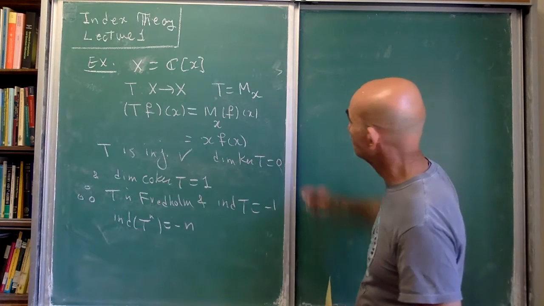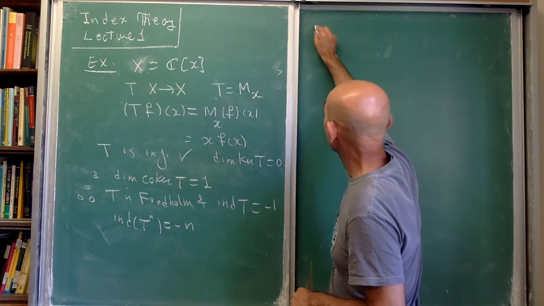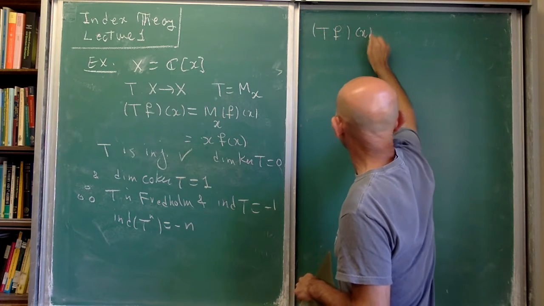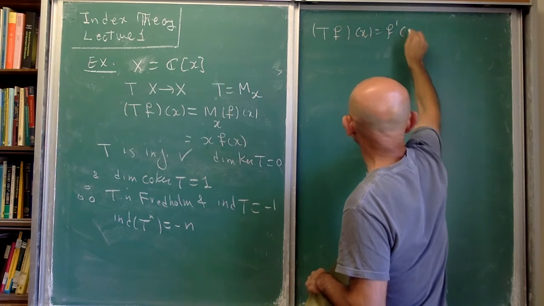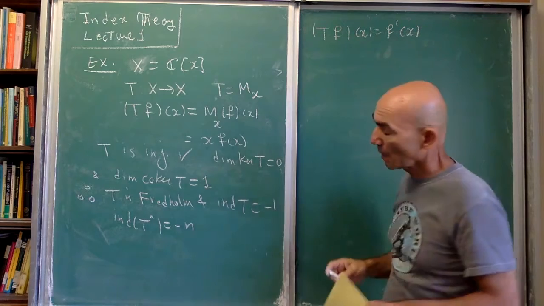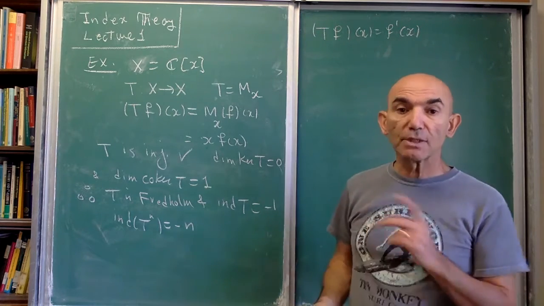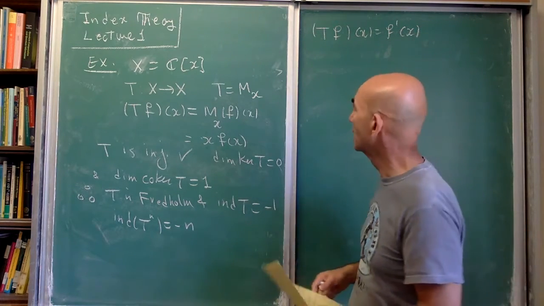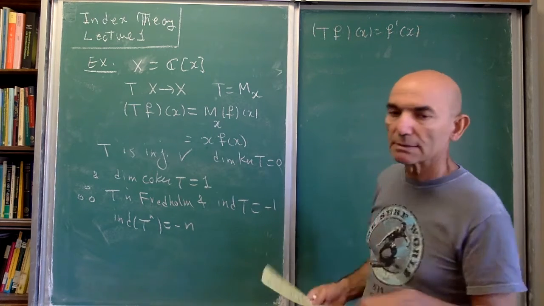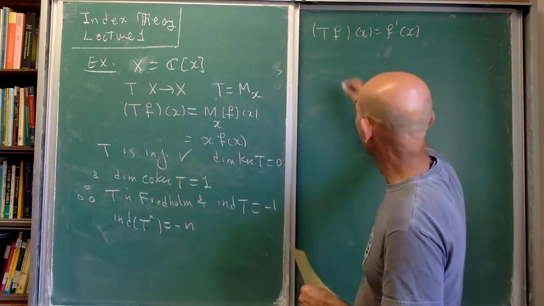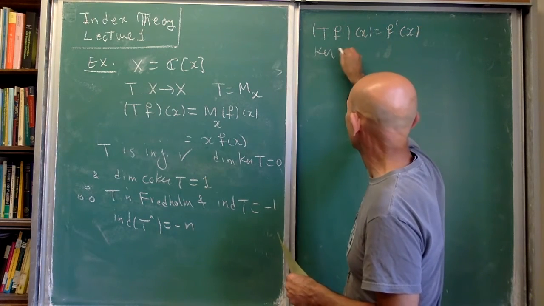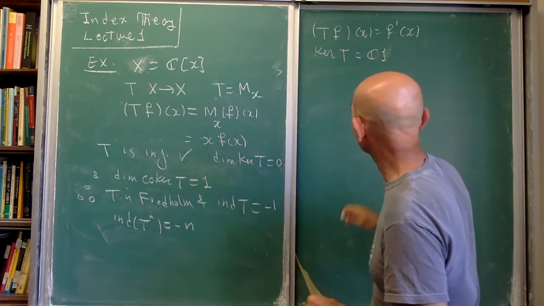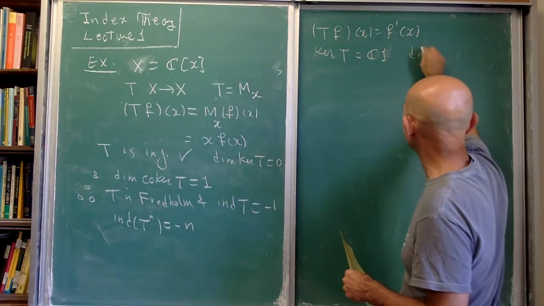So consider this operator Tf(x) equal to f'(x) for any polynomial. Now, this operator obviously is not injective, because the derivative of a constant function is 0, right? That's the kernel. So the kernel of T in this case is just the constant functions. So the dimension of the kernel is 1.